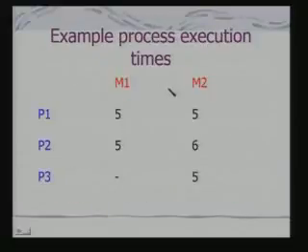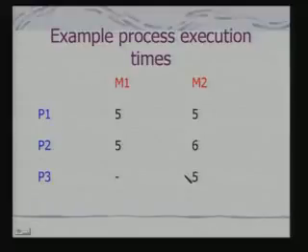Let's consider that this is the execution time parameter that we already have for the purpose of mapping. P1 takes 5 units on both the processors, P2 takes 5 on M1 and 6 on M2, and P3 can only be executed on M2 because of its special nature, and it takes 5 units.